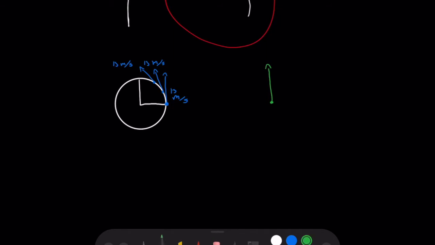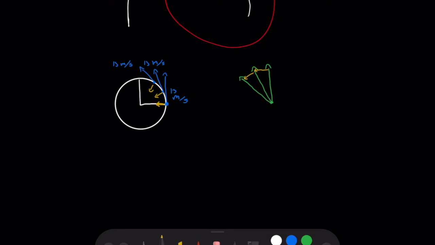Let me change that just slightly. It's hard to translate these without actually dragging them. And so these represent the small changes in velocity. It's supposed to be more like this. And the reason why I'm being very particular about that is because if you then translate these back here, you will see that we have a center-seeking force.